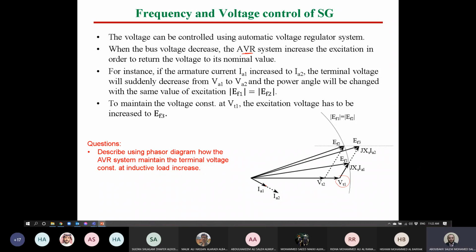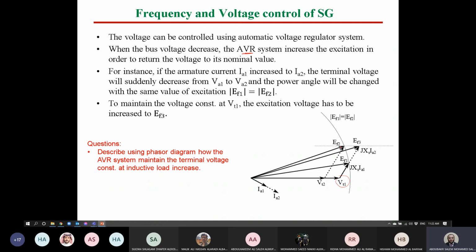Then, when the power demand increased, the current increased from IA1 to IA2, so a sudden increase in power will lead to a sudden decrease in voltage. How? The excitation volt is still at the same value before the AVR action, so we expect to have lower voltage.